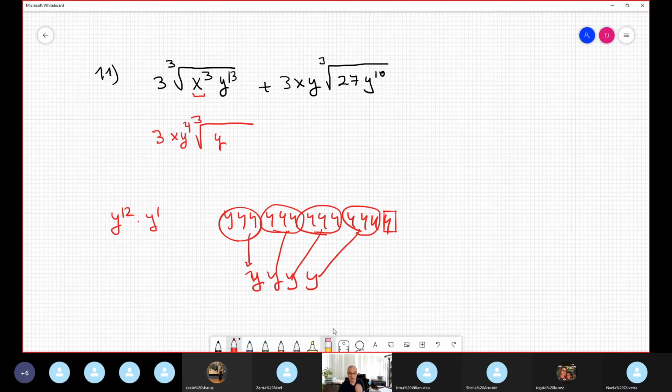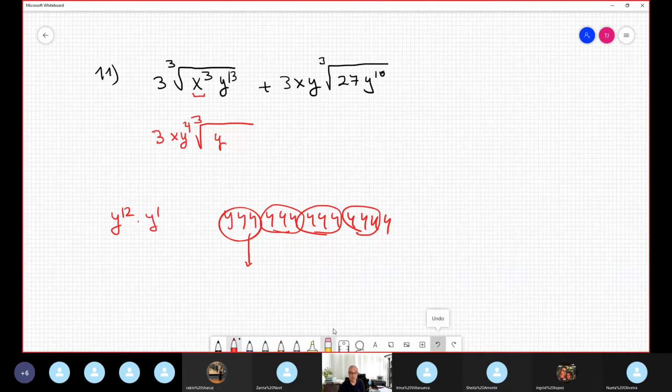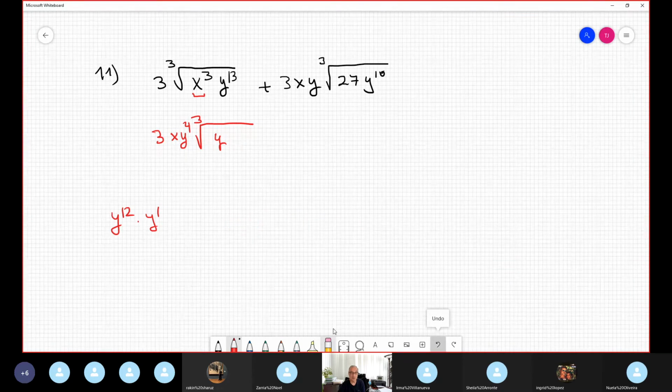This is the way to simplify the first radical. Let's do the second. Well, the second is different because the second, let's see.